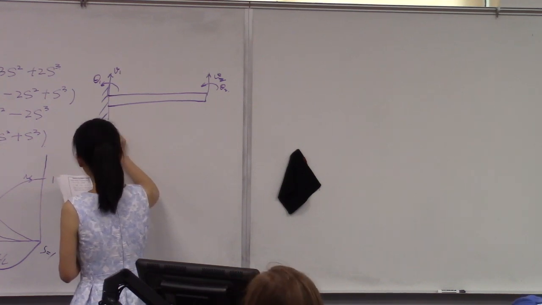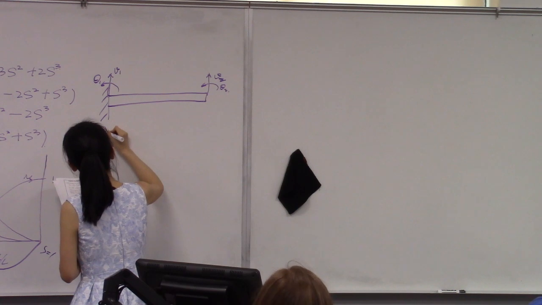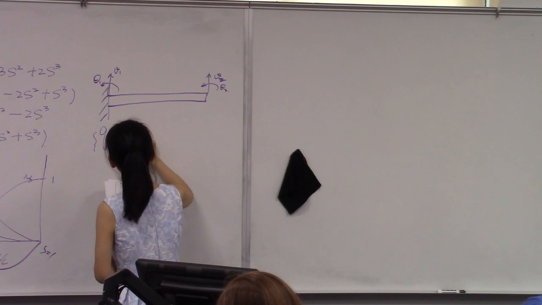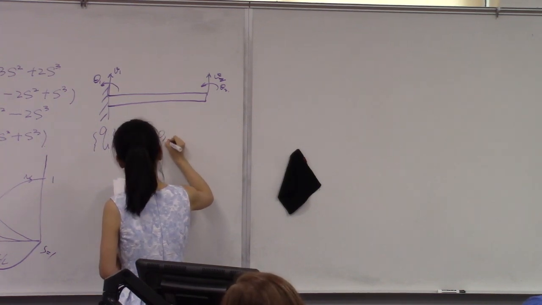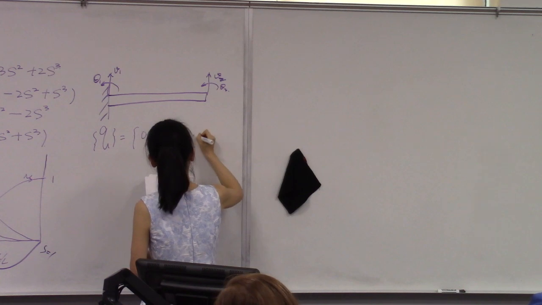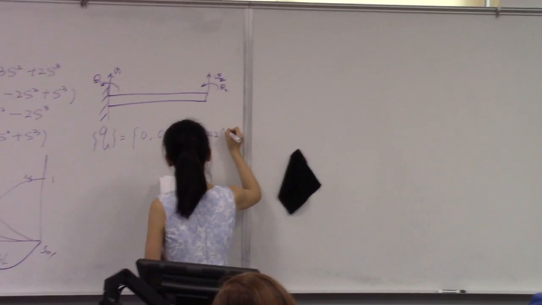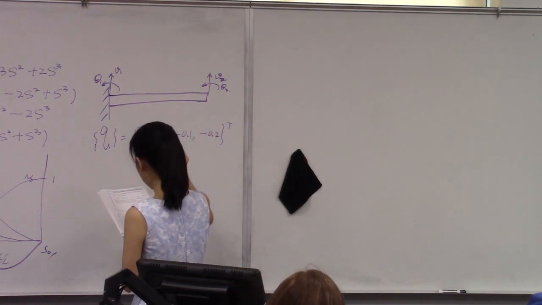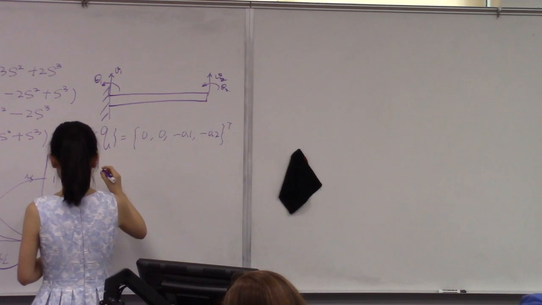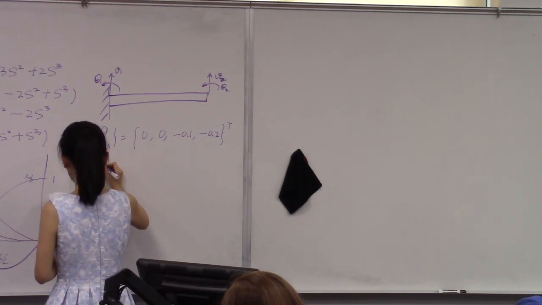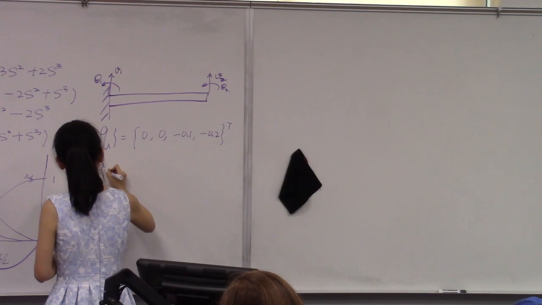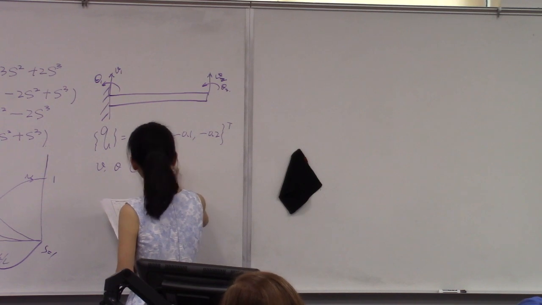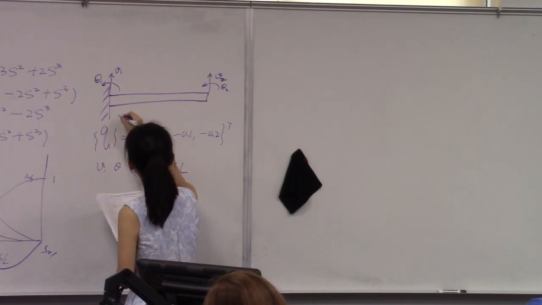And for the given degrees of freedom, it is 0, 0. So the question is how to find out the deflection and the slope at x equal to half of L, at the midpoint. So this is L.